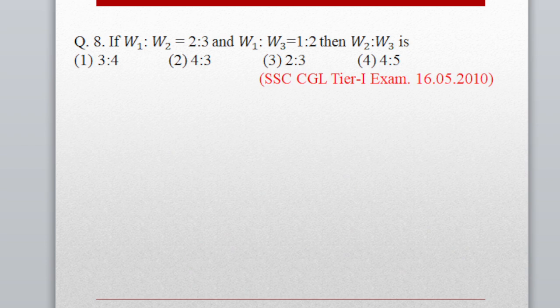Question number 8. If W1 is to W2 is equal to 2 is to 3 and W1 is to W3 is equal to 1 is to 2, then W2 is to W3 is this. Now here it is given that W1 by W2 is equal to 2 by 3.